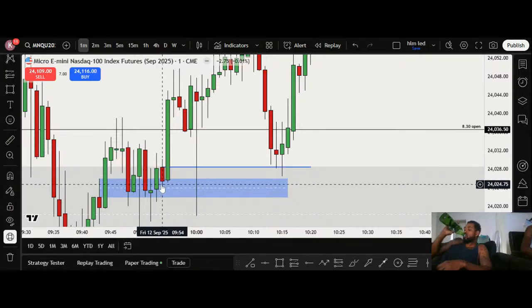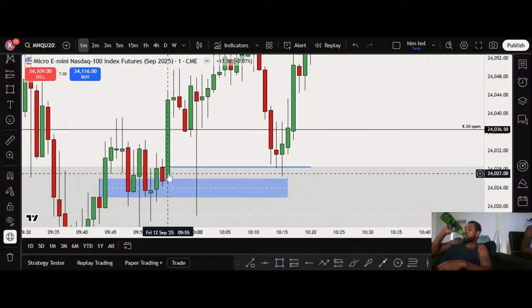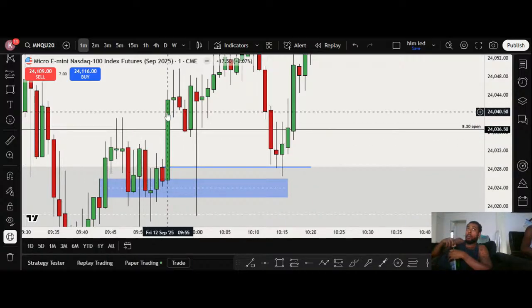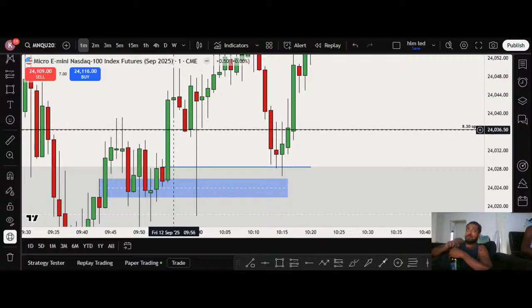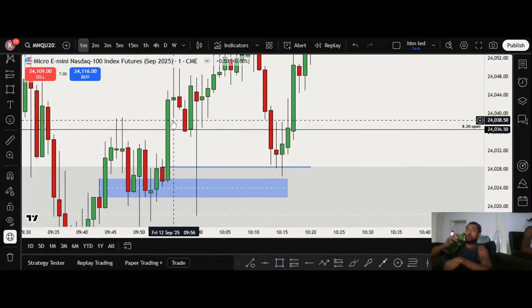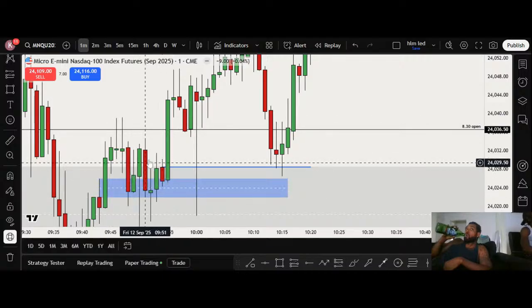See that here? Traded into it. And then the next candle opens up, validating this order block with a close above and also a fair value gap. Which is one of the highest probability order blocks. That's your highest probability order block. When you get a close above with a fair value gap, that's the highest probability order block.